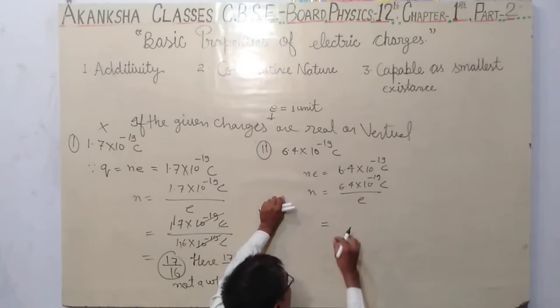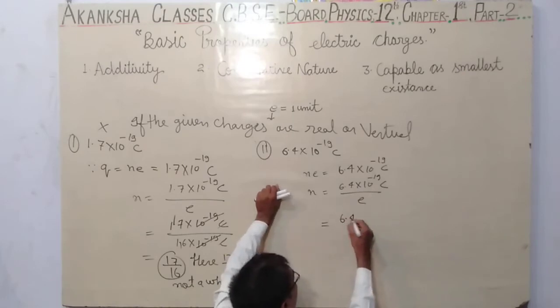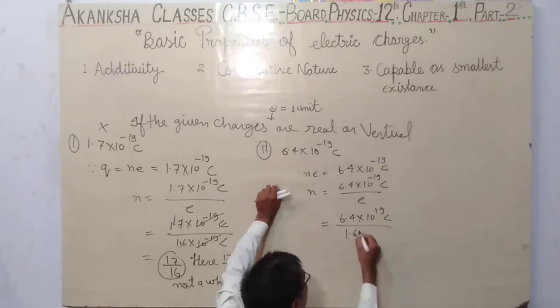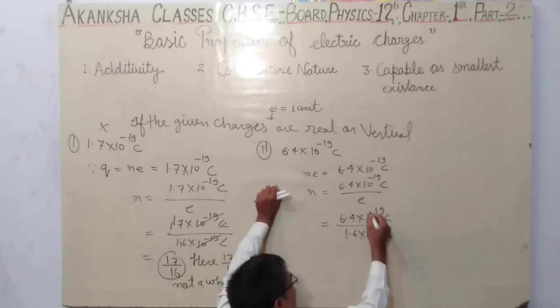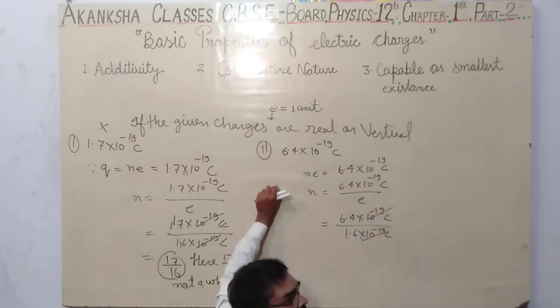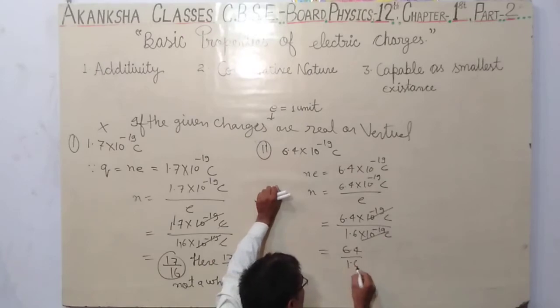Having value 1.6 into 10 power minus 19 coulomb, the 10 power minus 19 coulomb will be cancelled by the rule of cancellation, and we get 6.4 by 1.6.